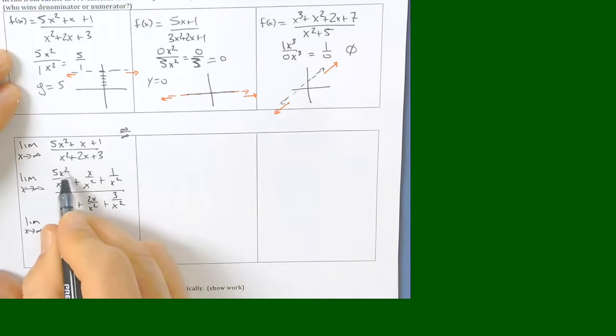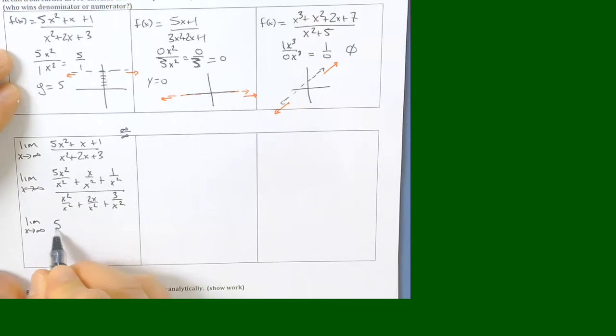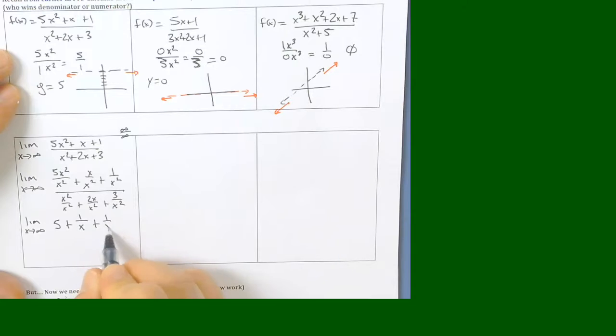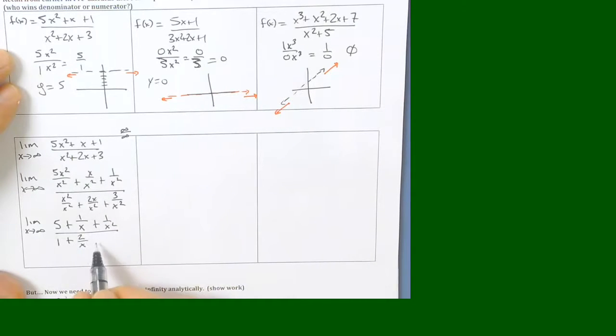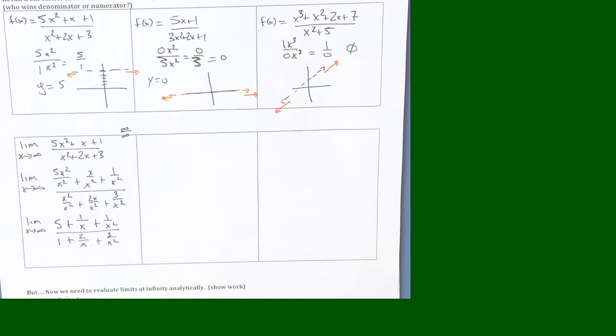And I get 5x squared over x squared, which is 5. X divided by x squared is 1 over x. And 1 over x squared doesn't simplify. X squared over x squared is 1. 2x over x squared is 2 over x. And 3 over x squared stays the same.